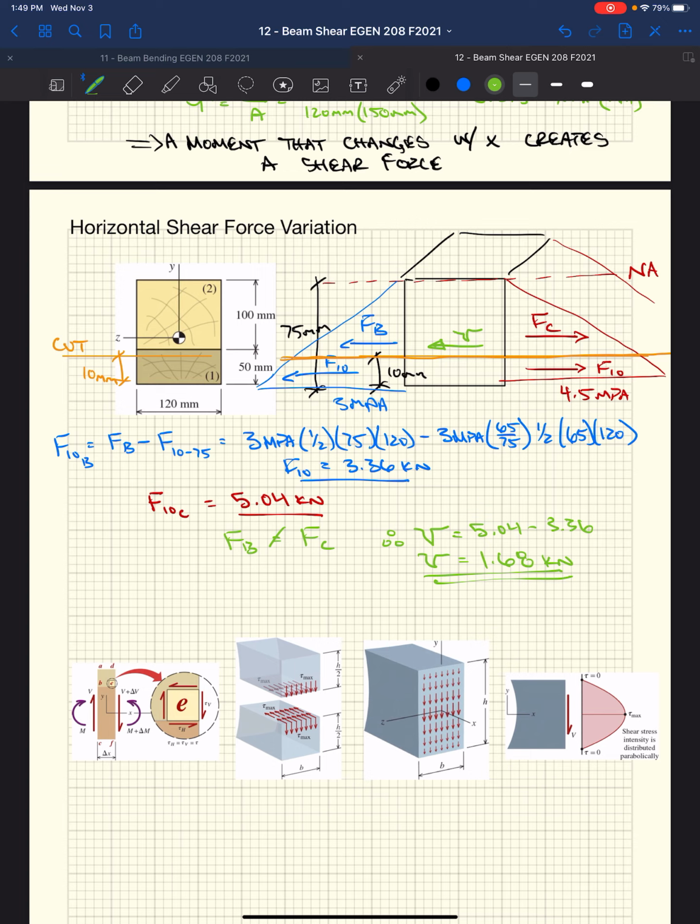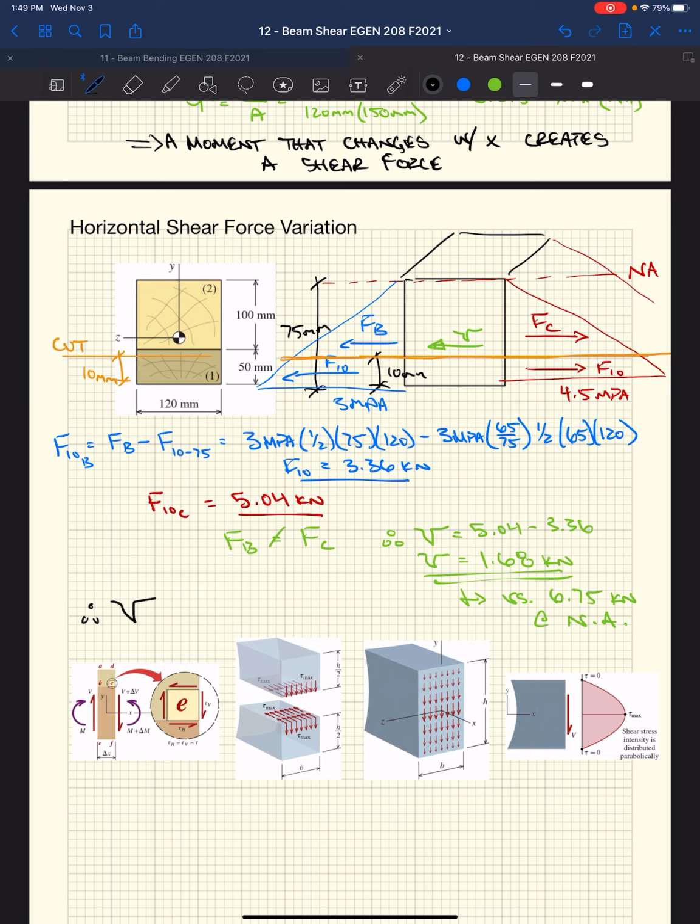This magnitude is a lot smaller than it was at the neutral axis. I think it was 6.75 kilonewtons at the neutral axis, right?